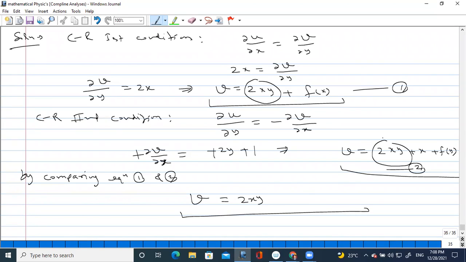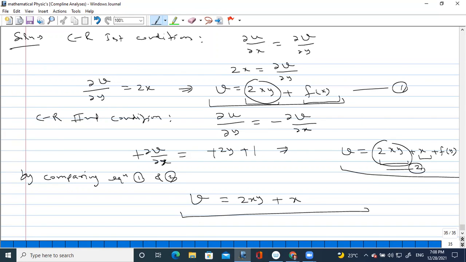We just have to compare from both equations what the correct answer will be. Because this is in that equation and this is also in that equation, it will 100% come, because it is common in both. Plus what else should come? This f(x) is giving me a clue that a pure function of x should also be there. When we check the other equation, yes, it is there, so that should also be there.